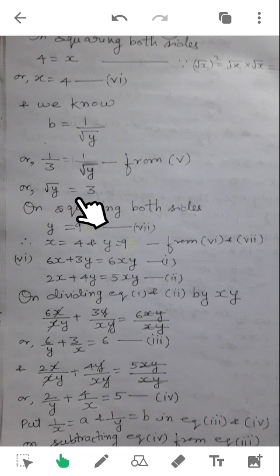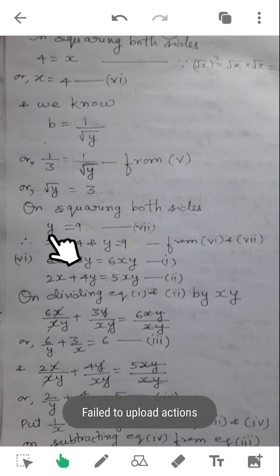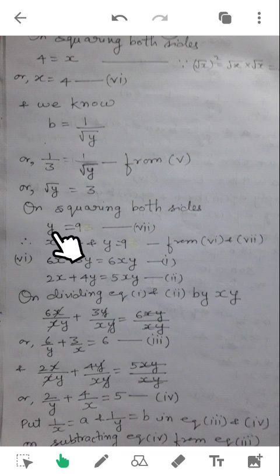So we have root y is equal to 3, and on squaring both sides we get y is equal to 9. The square of root y is y, and the square of 3 is 9. So we have got the value of x as 4 and the value of y as 9 from the sixth and seventh equations.